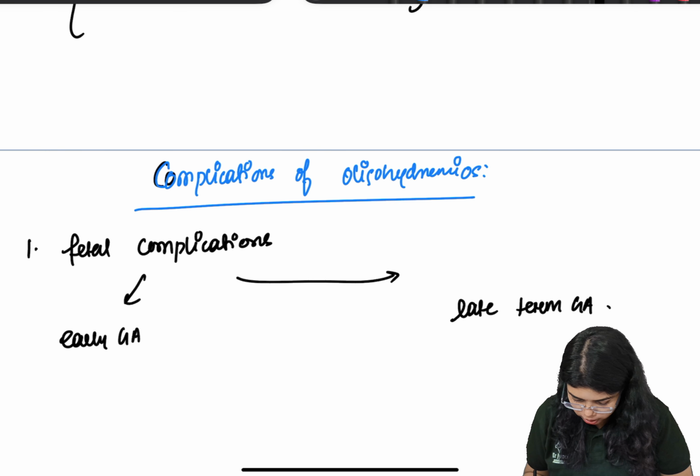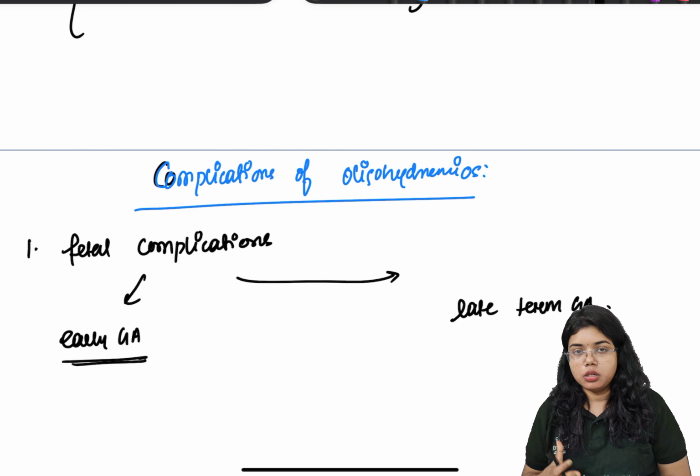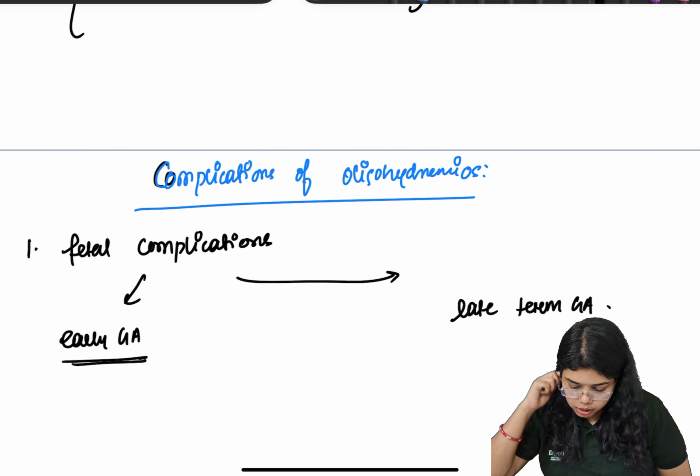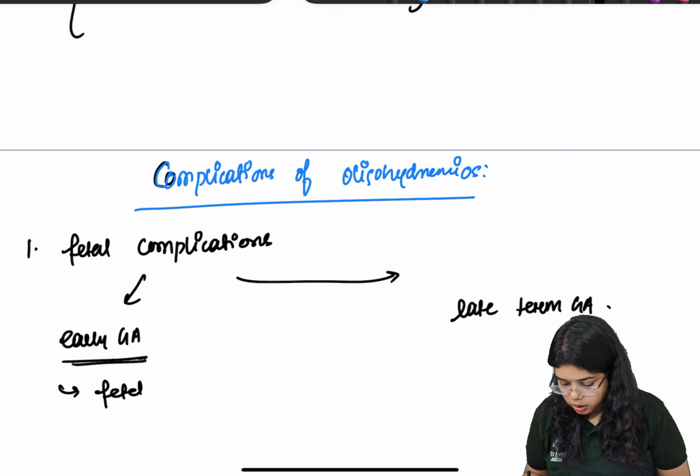Okay, so in early gestational age, because the liquor is reduced, there is no space for growth of the limbs or the other structures of the fetus, so there will be fetal anomalies.